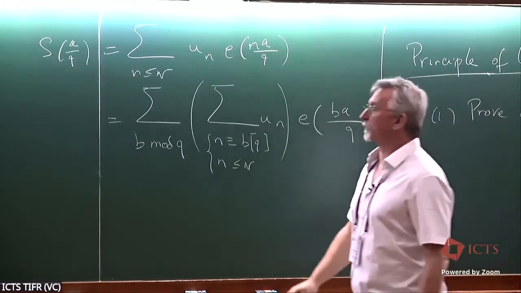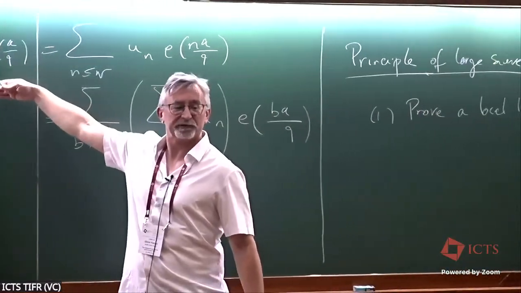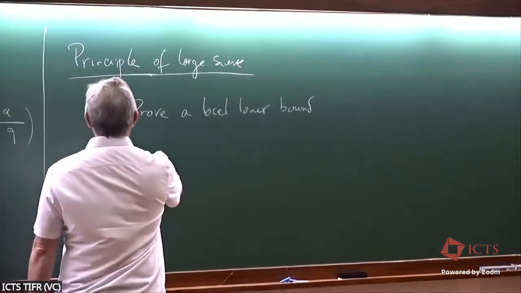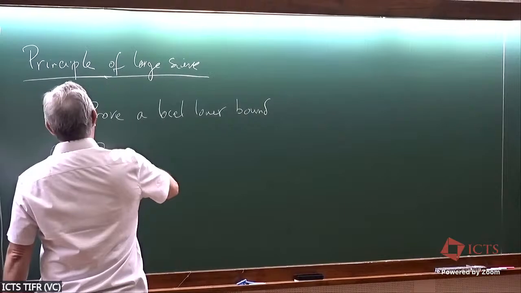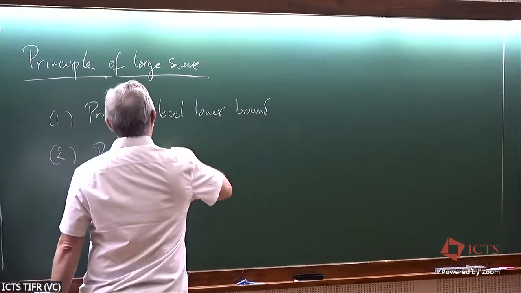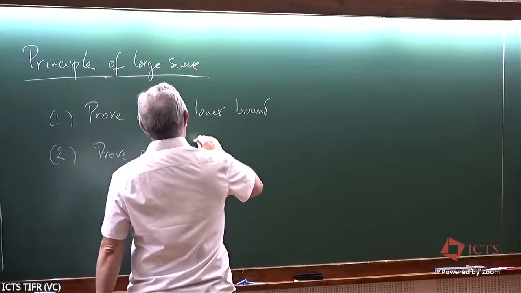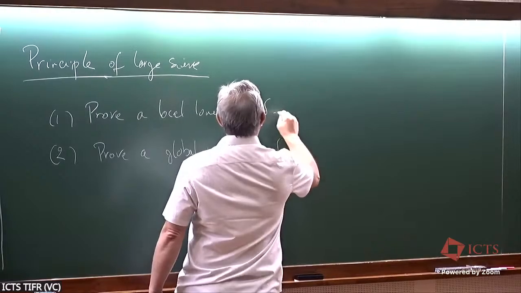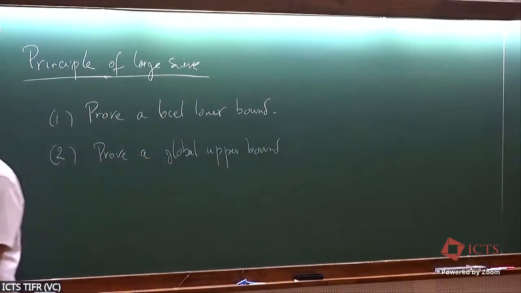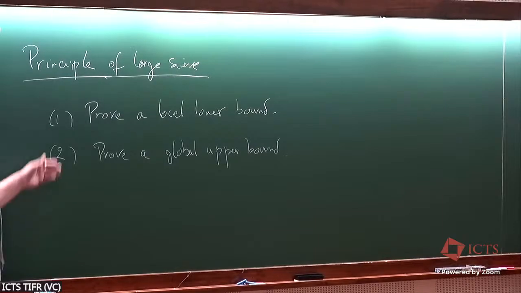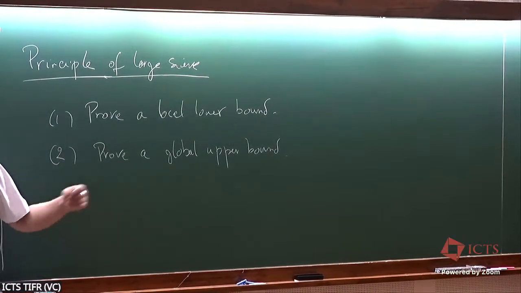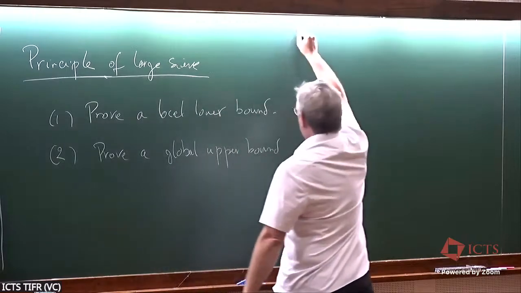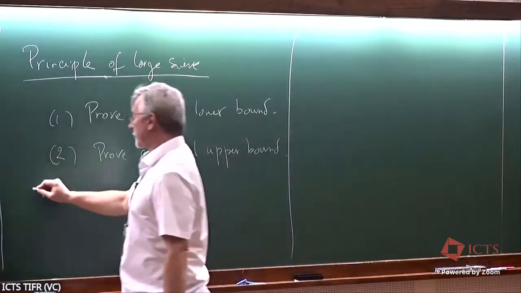Essentially, I'm going to prove some lower bound that implies these variables. Two, prove a global upper bound. This global upper bound can be the large sieve inequality, but I'll show you in the third lecture that you can use the Parseval identity in the same manner. Combine the two, get the result. So I'm going to show you how it works for the primes.